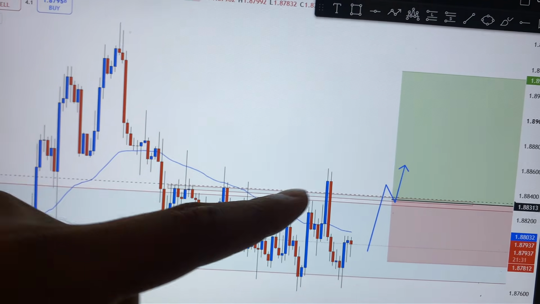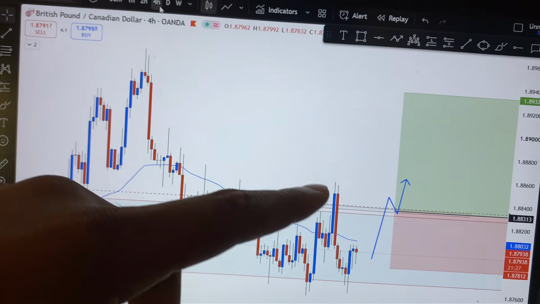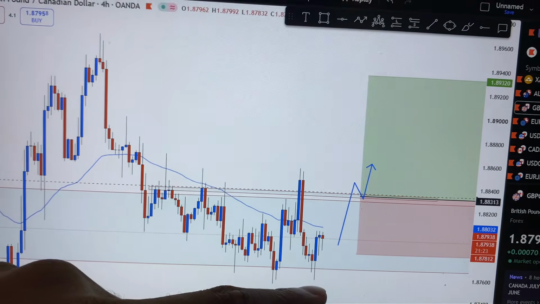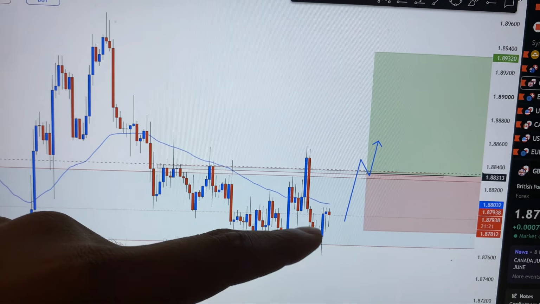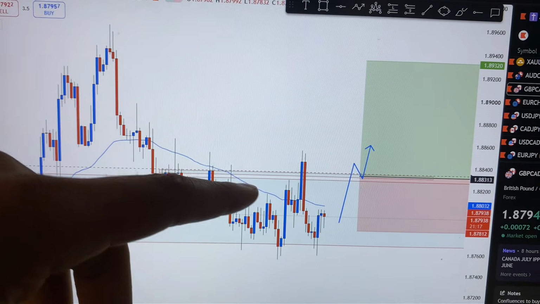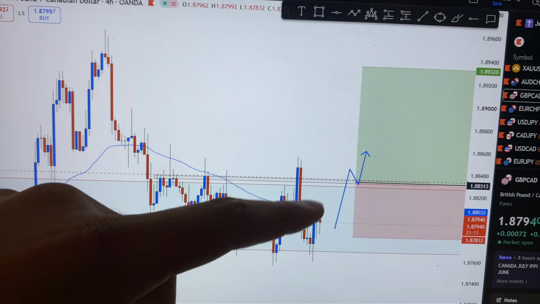Price broke above this resistance level, but it didn't retest it for me to then buy. If I would have bought at this point right here, I would have taken this ginormous loss. But what I'm waiting for next week is an inverted head and shoulders, something like this.